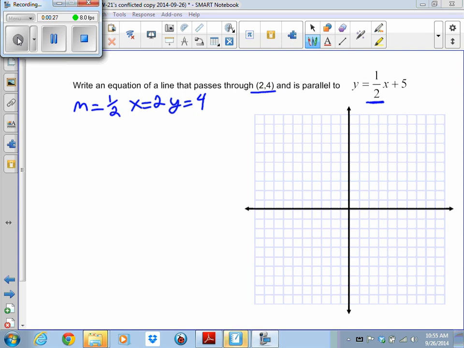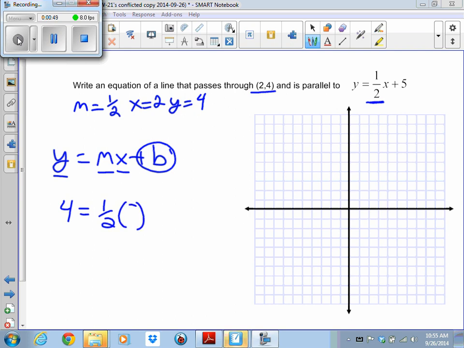We're going to write this in y equals mx plus b. We know three of these: we know y, we know m, we know x, and we're going to use that to solve for b. So my y in this case is 4 equals 1/2 of 2, or 2 over 1, plus whatever my y-intercept is.